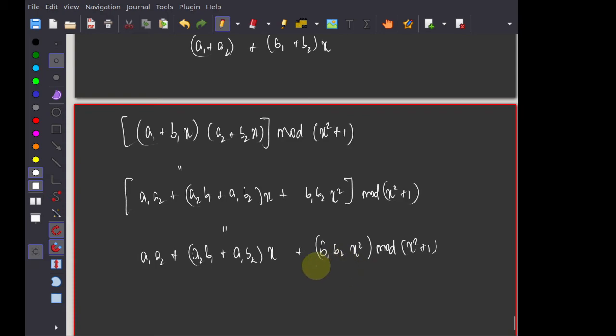Since b1 b2 are scalars, this is effectively b1 b2 times x square mod x square plus 1.